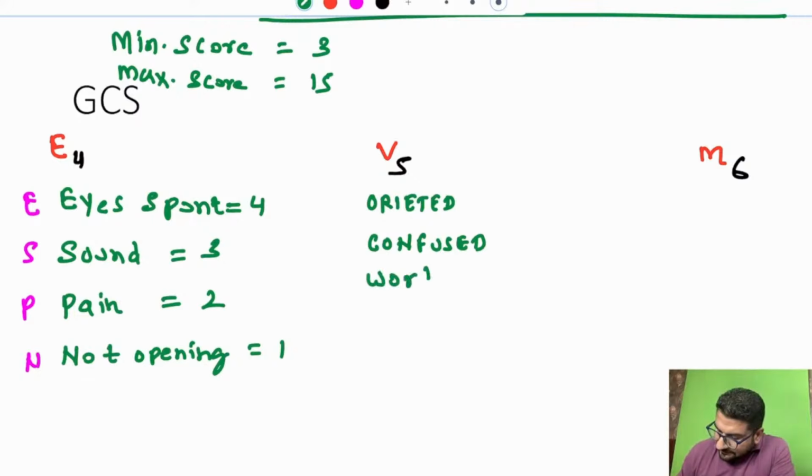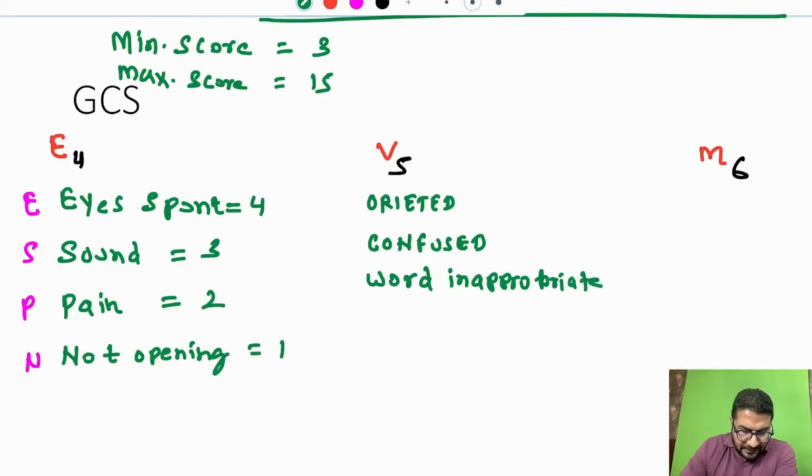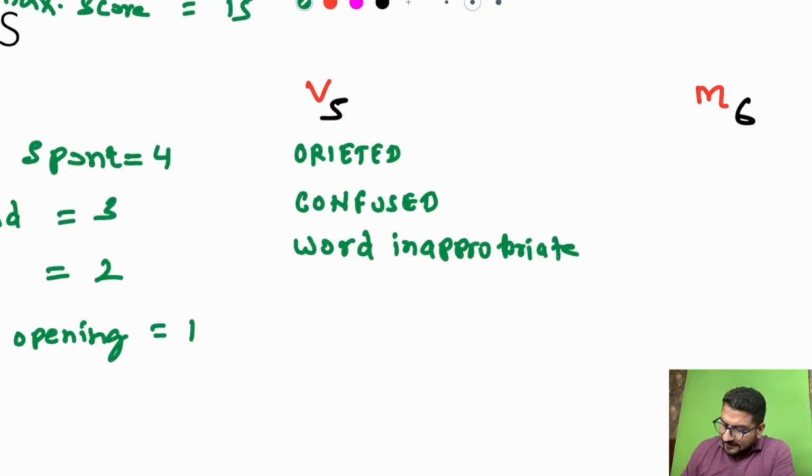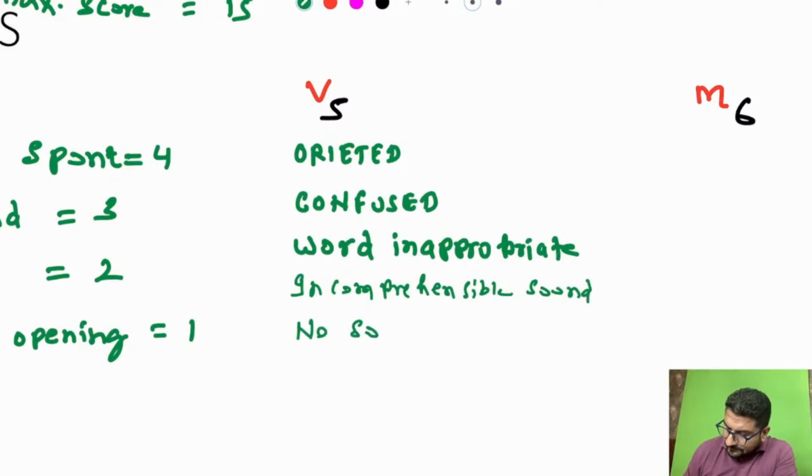Suppose you ask something, but this patient is using inappropriate words. Suppose you cannot comprehend what he is saying, he is making incomprehensible sounds, or the patient is just moaning and no sound.